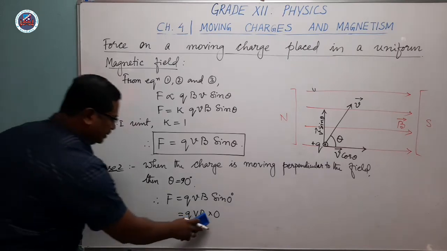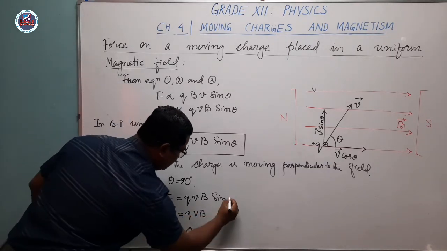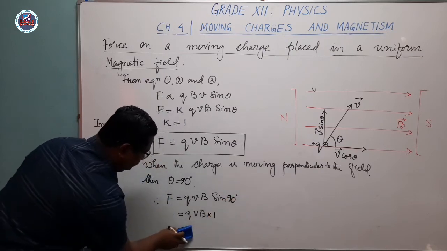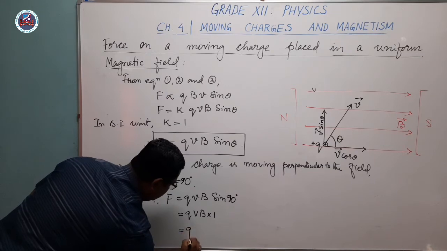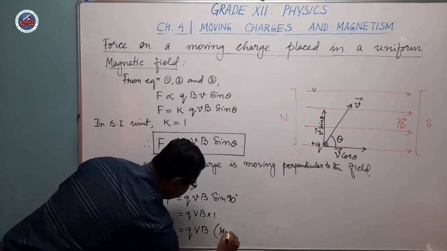Then in that case, here you get sin 90 degree is equal to 1. So you get maximum force QVB. This is maximum value.